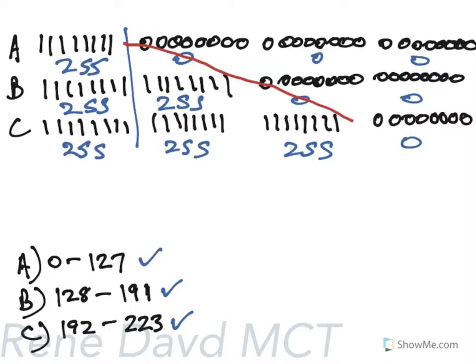In class A, all the first octet bits are ones, which gives us our 255. In class B, our network bits are the first and second octet, which give you 255.255.0.0.